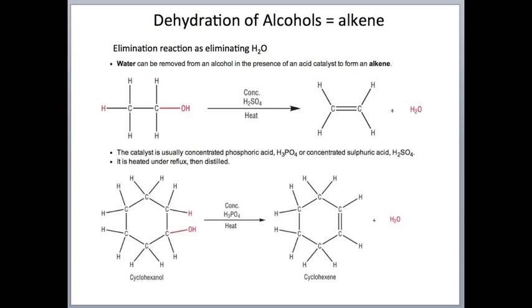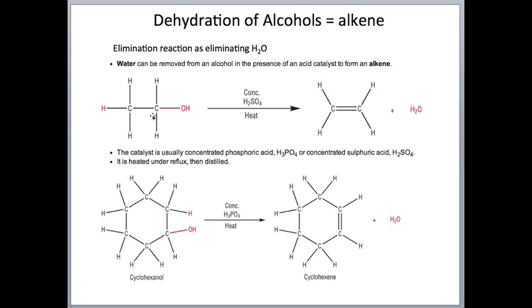Let's now consider dehydration of alcohols. When we carry out a dehydration reaction, we go from an alcohol to an alkene, and alkenes, as we know, have double bonds. This is also known as an elimination reaction because we are eliminating the H2O from the alcohol.